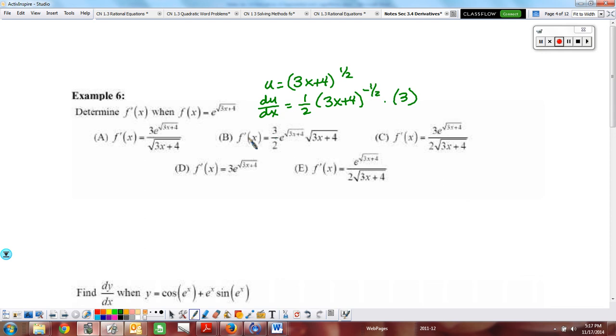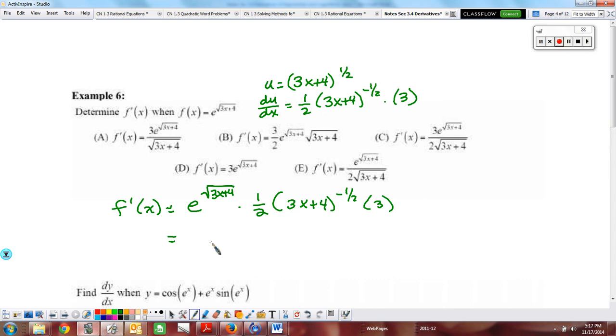And now I'm going to use that to get my f prime of x. So the derivative of e to the u is e to that value, e to the u, times the derivative of this, which we just found to be that 1/2, 3x plus 4 to the negative 1/2 times 3. Now I'm going to obviously need to simplify because this is written in a much nicer form.